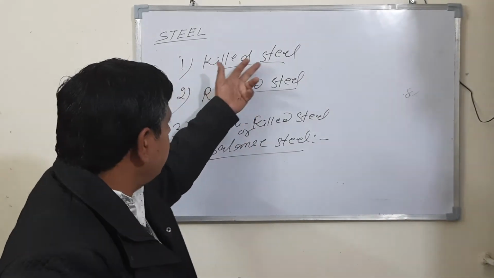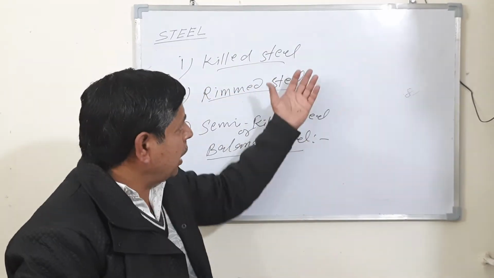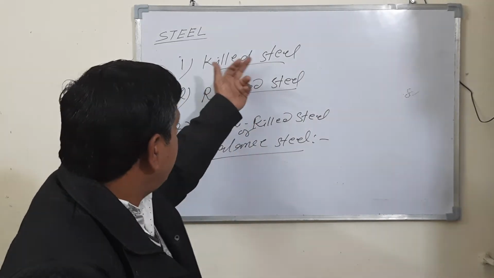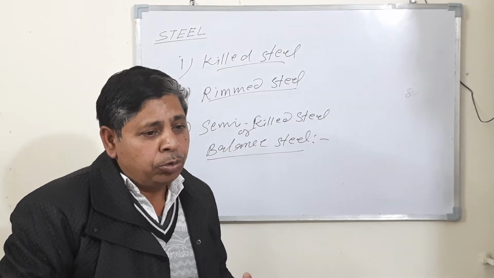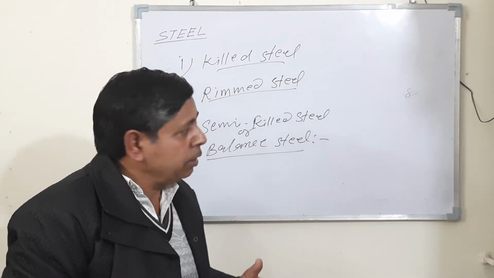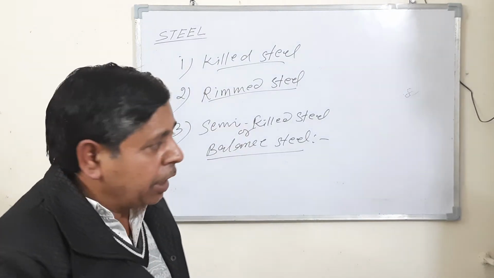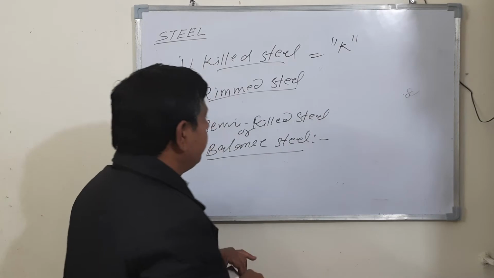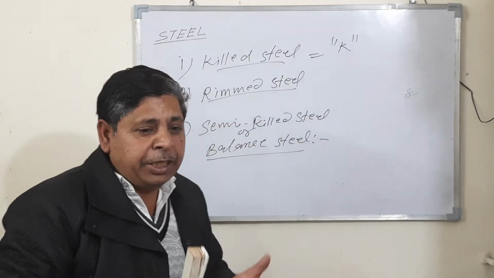So killed steel is generally used for making different types of components. Killed steel contains 0.20% carbon. Killed steel is represented by the capital K.